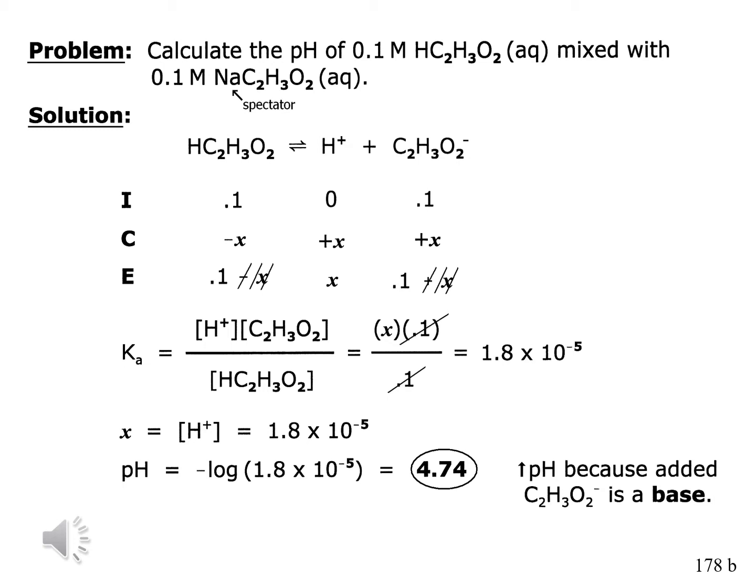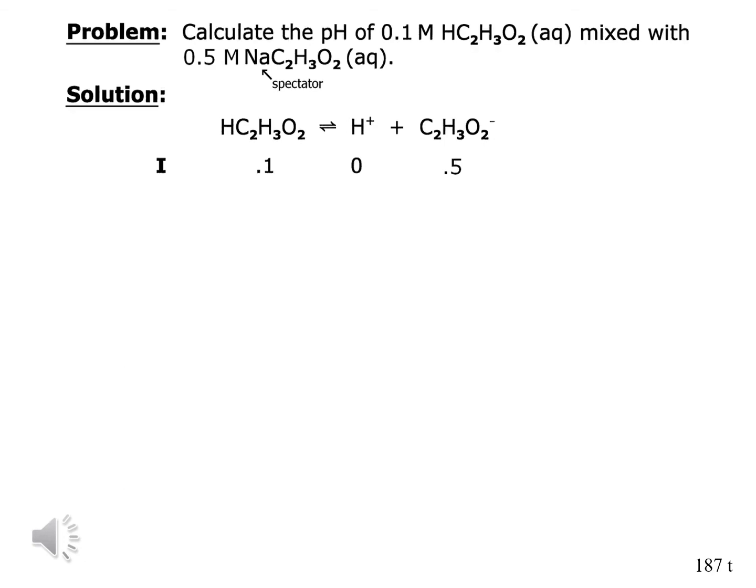When we did that one, you end up with 4.74, so the pH went up because you added the acetate, which is a base, and the 4.74 is also equal to the pKa, so that's how you get the pH of an equimolar buffer. Now I want to do a problem where the starting amounts are not equal.